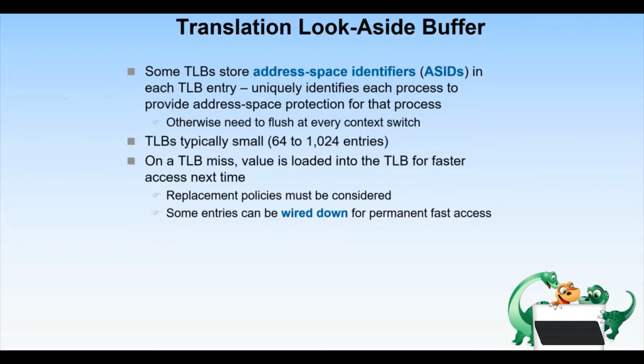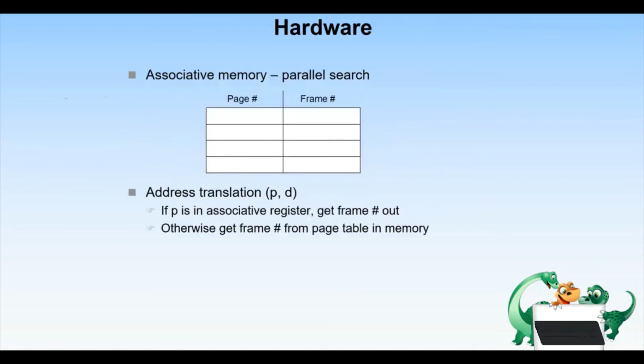Some TLBs store the address space identifier, or ASID, in each TLB entry, uniquely identifying each process to provide address space protection for that process. TLBs are typically small, 64 to 1024 entries. On a TLB miss, the value is loaded into the TLB for faster access next time, so replacement policies must be considered. Some entries can be wired down for permanent fast access.